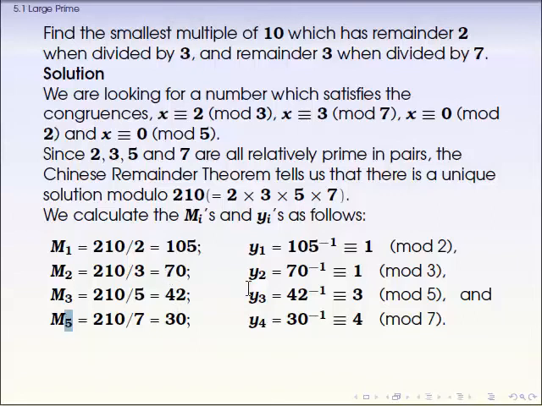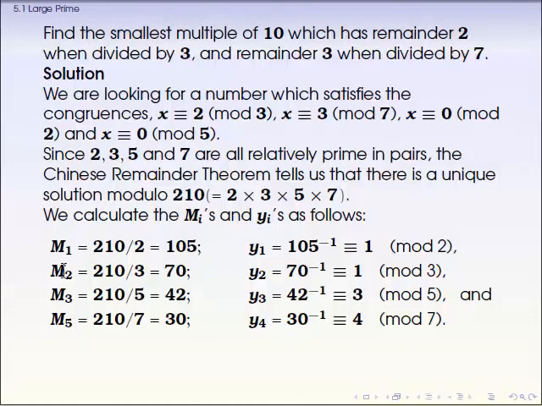Okay, that's the result. Then we already have that yi is the inverse of capital Mi for modulo small mi, right? So we are assuming that 2, 3, 5, 7 are small m1, m2, m3, and m4. For y1, we need to look at the inverse of 105 modulo 2, which means it's just 1, right? 0 or 1, so 105 is congruent to 1, and 1 is the inverse of itself. So y1 is congruent to 1.